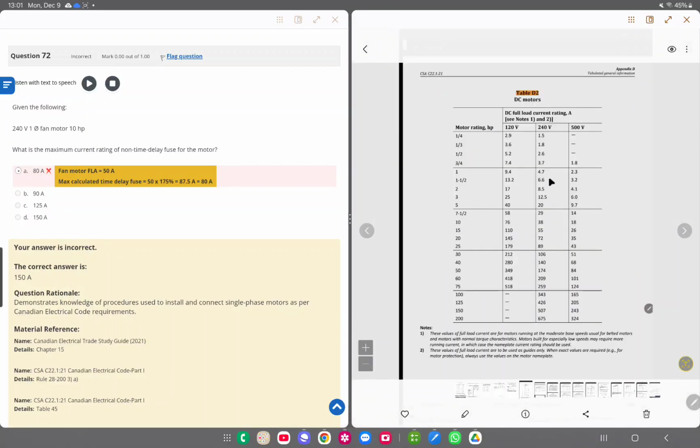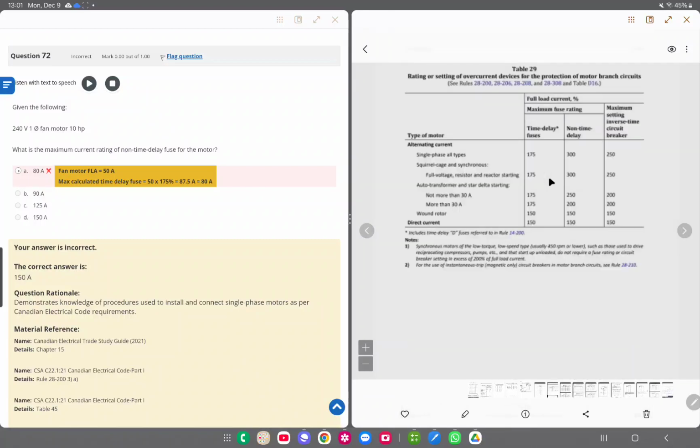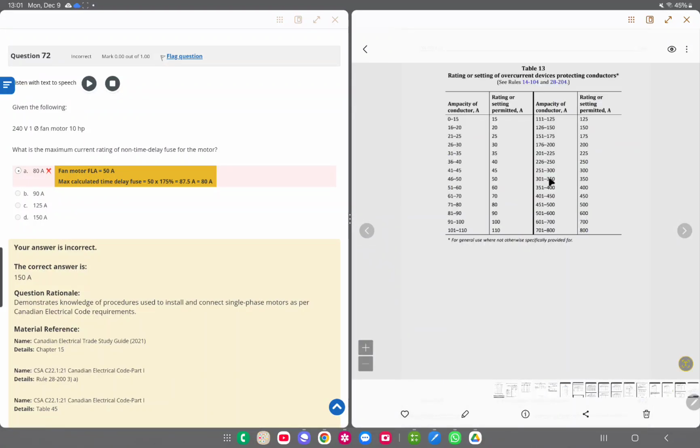Take ourselves over to Table 13. Table 13, 150. So we got 126 to 150. And we got 150.